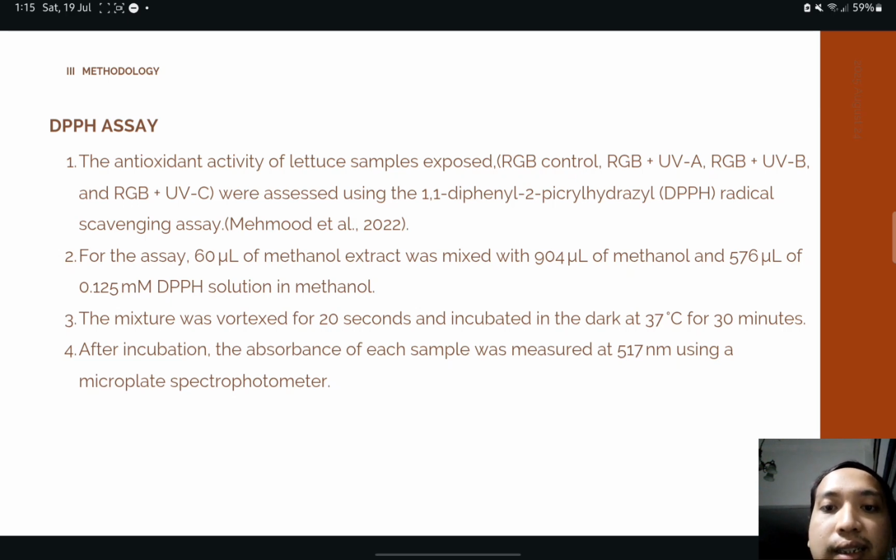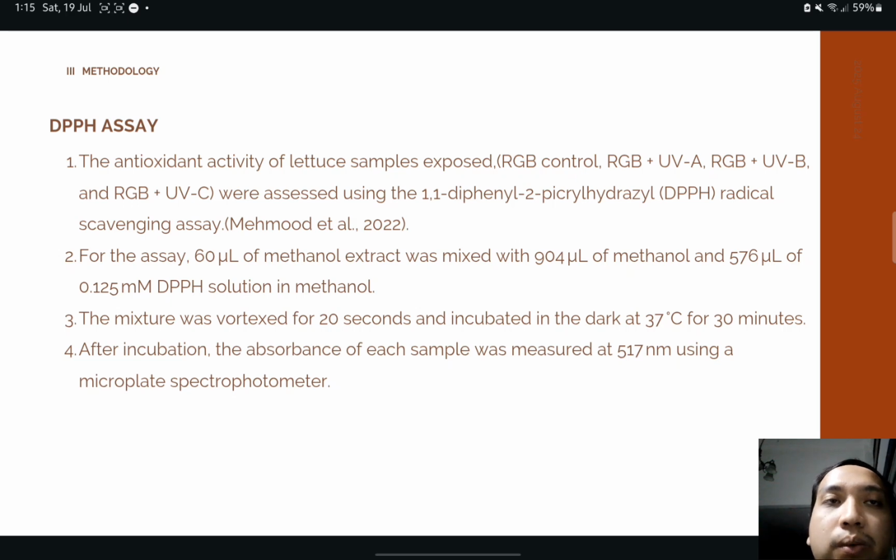For the assay, 60 microliter of methanol extract was mixed with 904 microliter of methanol and 576 microliter of 0.125 millimolar DPPH solution in methanol. The mixture is vortexed for 20 seconds and then incubated for 30 minutes.